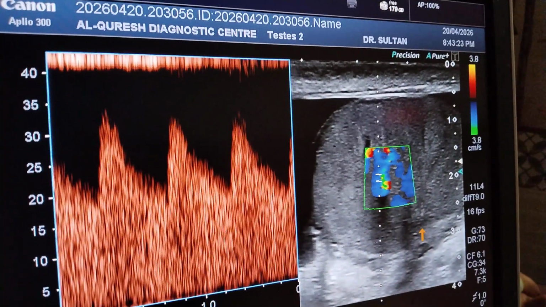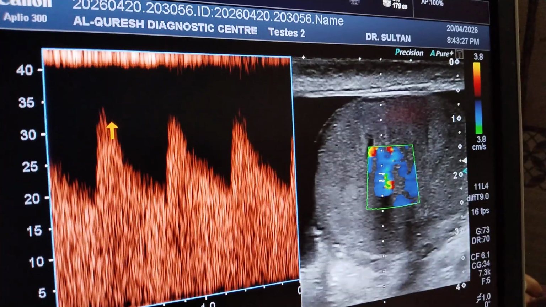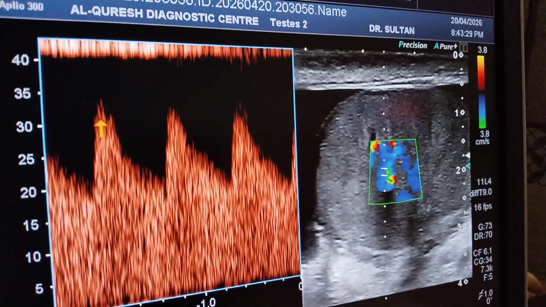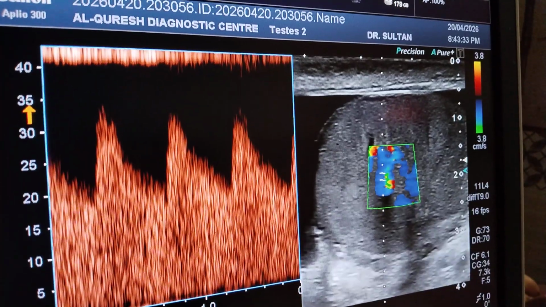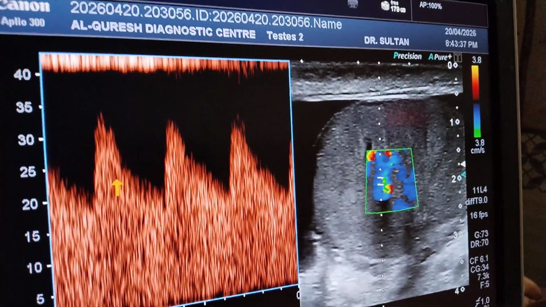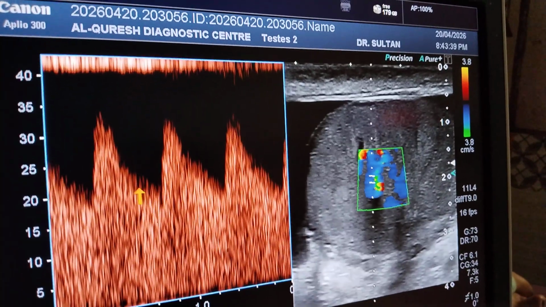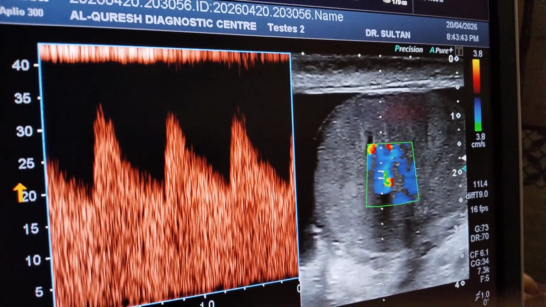Here we can appreciate this is the intratesticular vessel. This artery has almost more than 30 cm/s peak systolic velocity, and look at the diastolic component, it is also very much increased, up to almost 22.